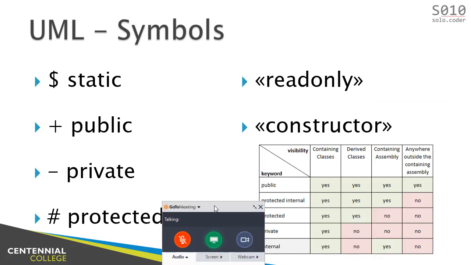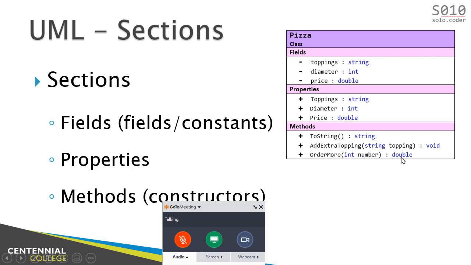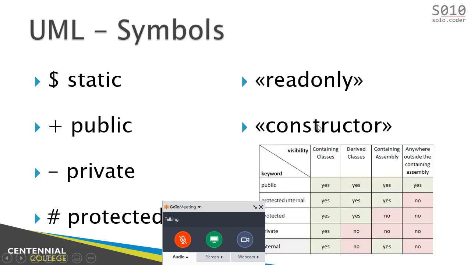So under this section here, called methods, we're going to find constructors as well, but they will be clearly flagged as constructor. They will have the keyword constructor to identify that this is not a method, this is a constructor, okay?